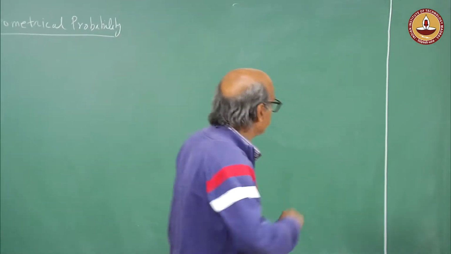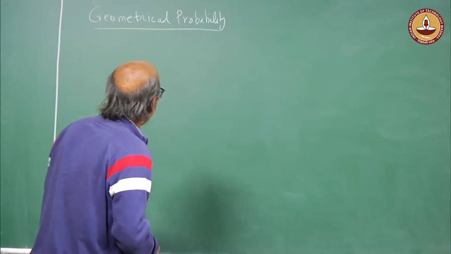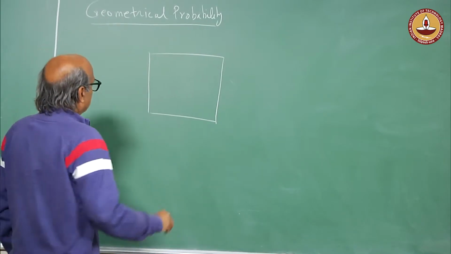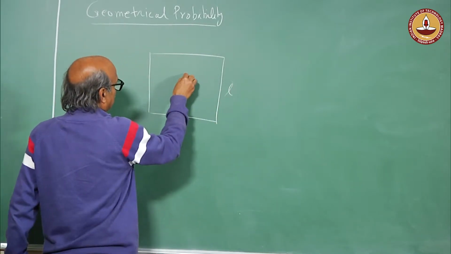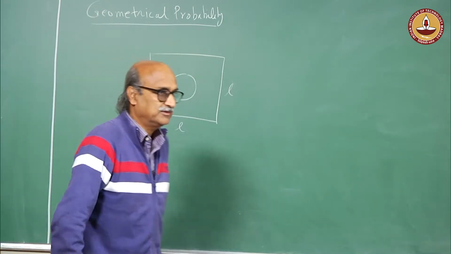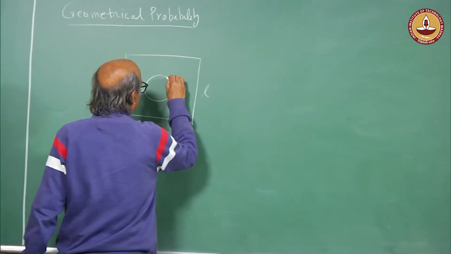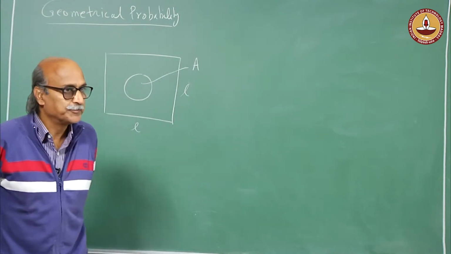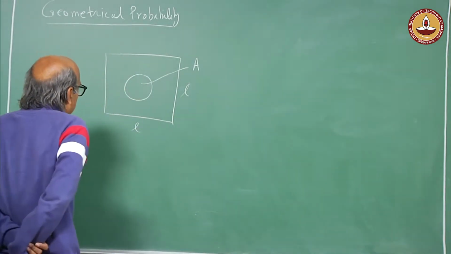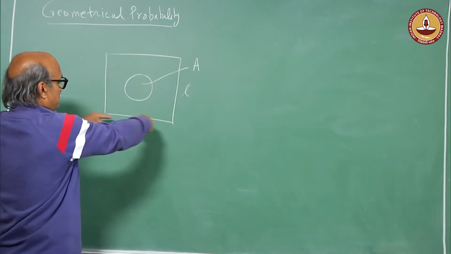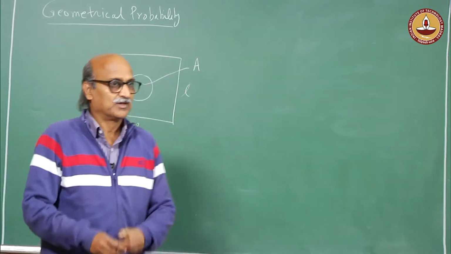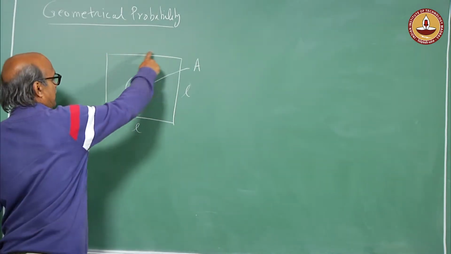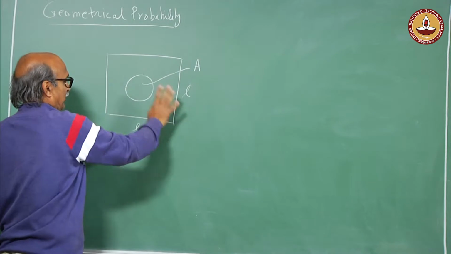One simple experiment with geometrical probability could be that I have this 2-dimensional space in which, let me say, I have an object of area A. Suppose this could be my dart board for that matter, and I throw a dart at it blindfolded, and I am assuming that this dart can hit anywhere on this surface.